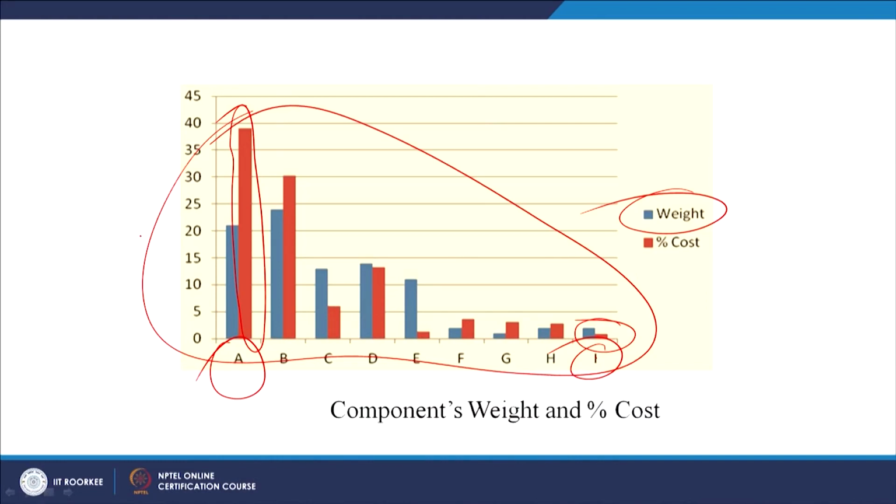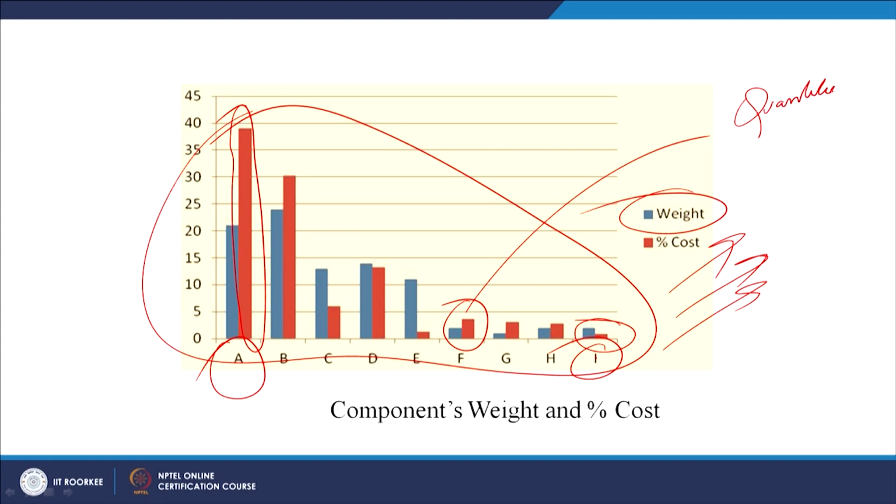So this kind of a distribution provides us just a direction, that in which direction we should think, but that is not always true. Sometimes there can be a product where the cost may be low, but the quantities are so high that it may be justified to focus on that particular component also.